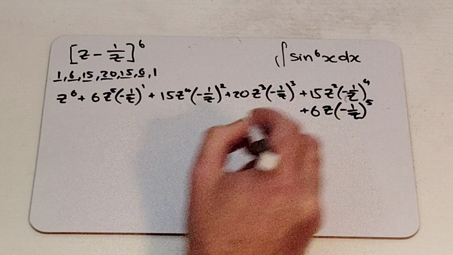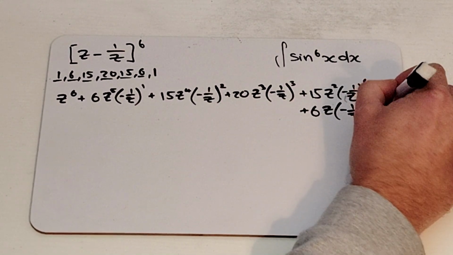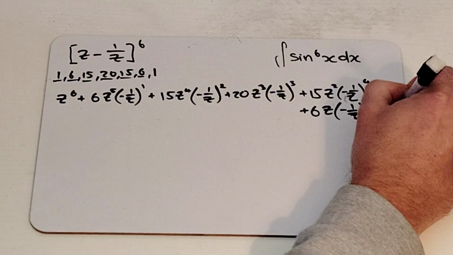And then I know it's going to be plus 1 over z to the 6, because it's an even power.